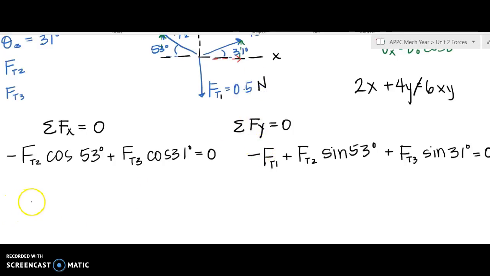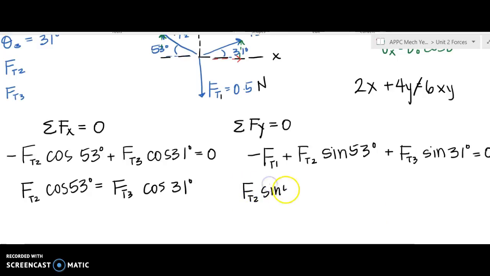So now let's see. If I rearrange this, FT2 cosine 53 degrees would be equal to FT3 cosine of 31 degrees. So far so good? And could I say that FT2 sine of 53 degrees plus FT3 sine of 31 degrees is equal to FT1, which is 0.5?